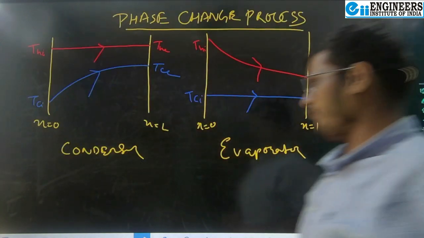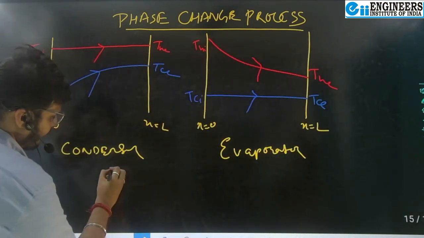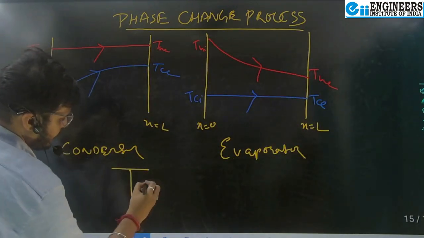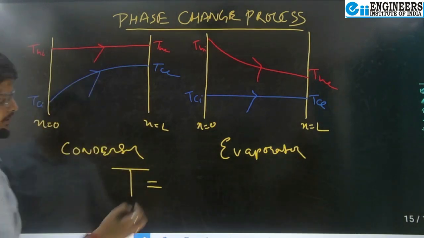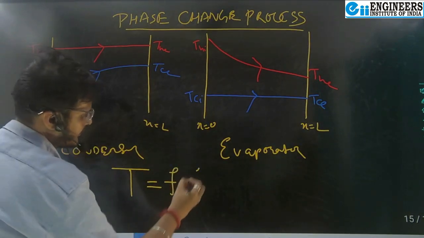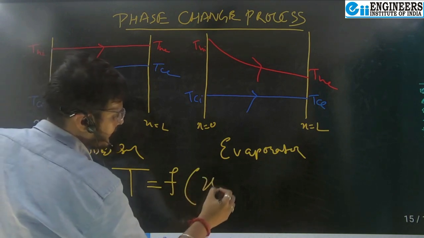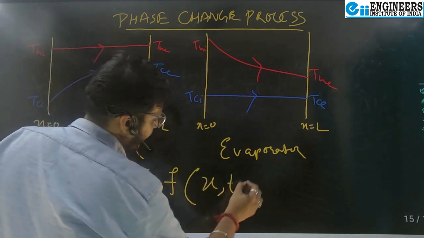What we understood is that the temperature exchanged within a heat exchanger is a function of distance and time.